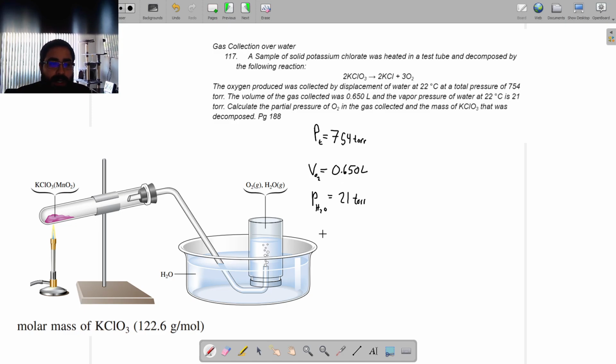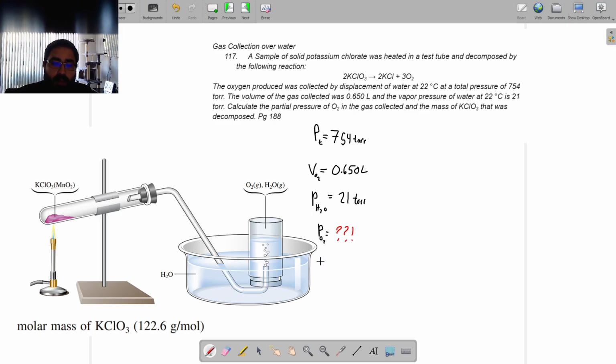Then they say calculate the partial pressure of O2. I don't know what that is yet, so I'll put a question mark. And also calculate the mass.